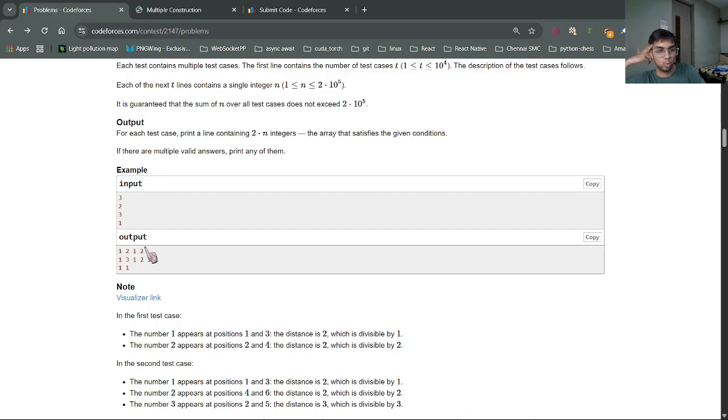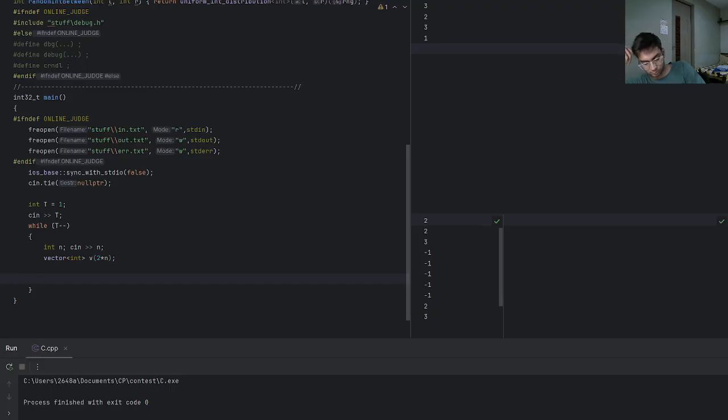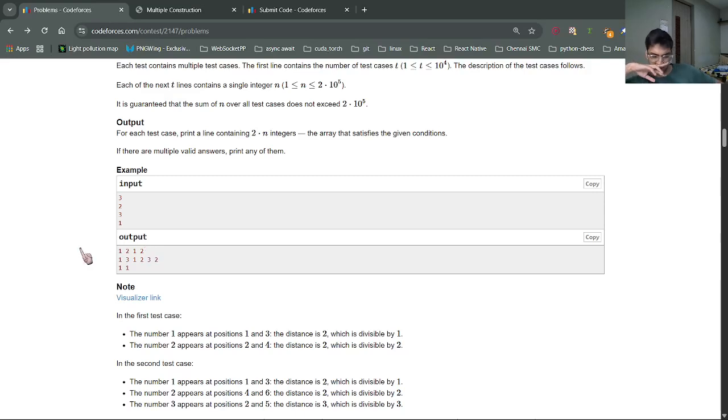So, does it work for one? This method, does it? I mean, it does, yes. Right.